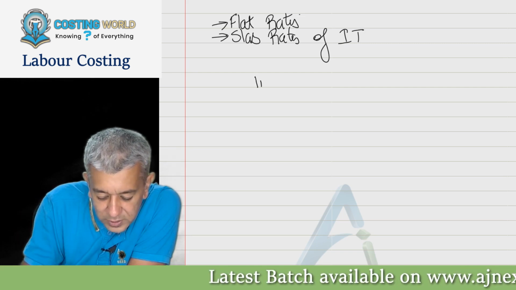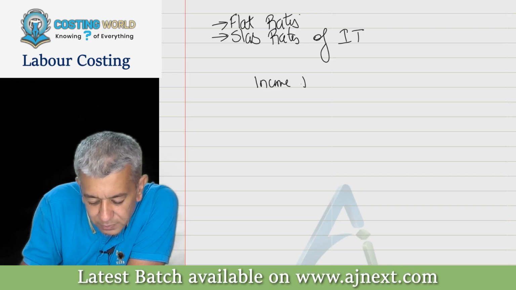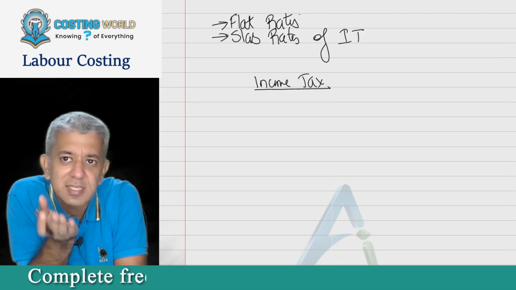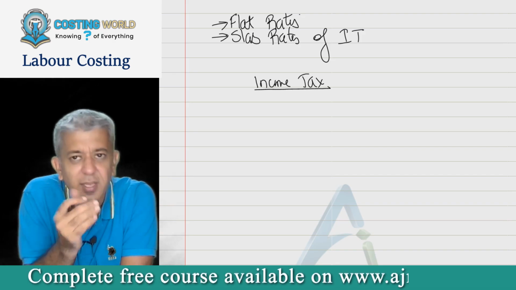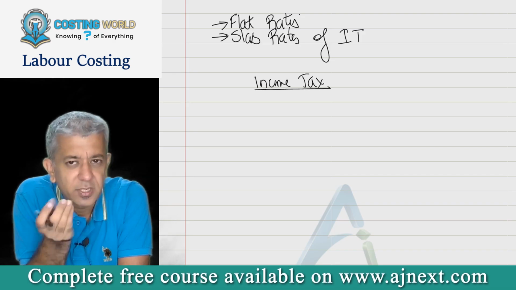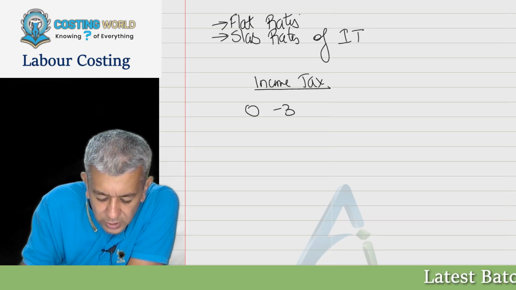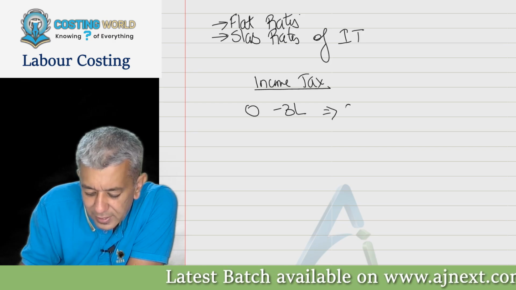Example, if you were studying income tax with me, then in income tax you have something called slab rates. I'm not saying these are the slab rates for this year, but just an example. Say 0 to 3 lakhs, tax rate is 0.